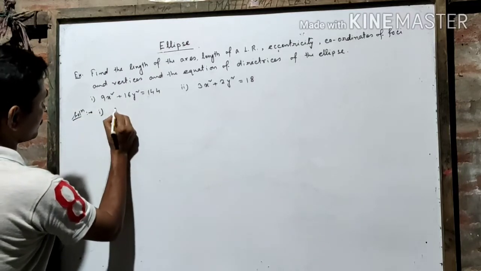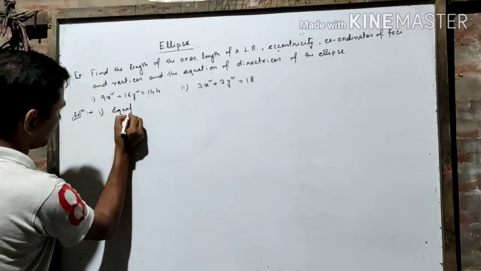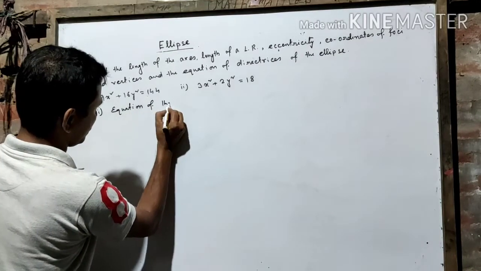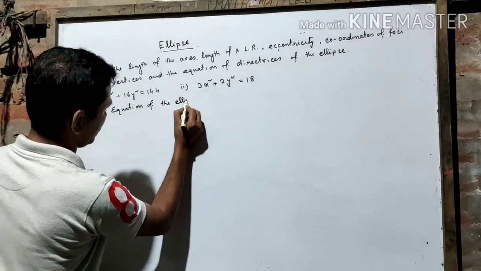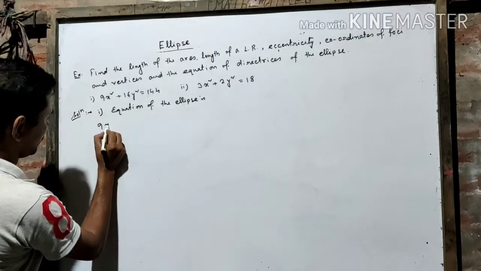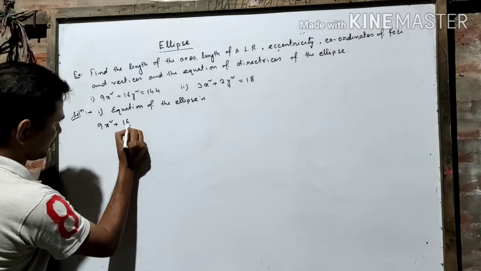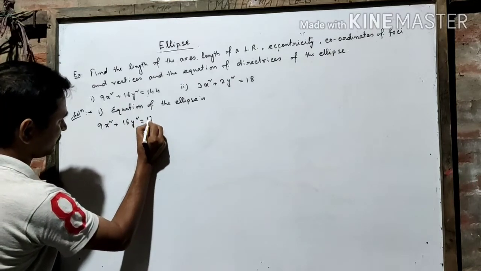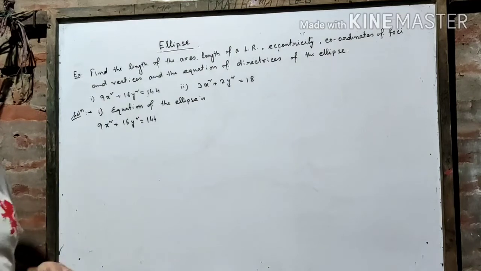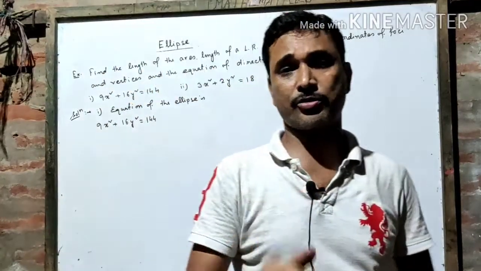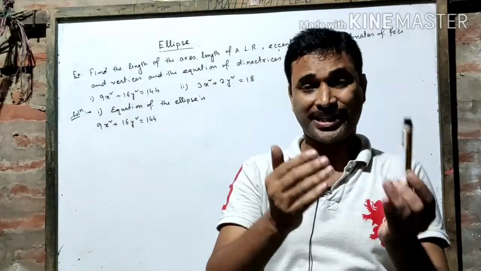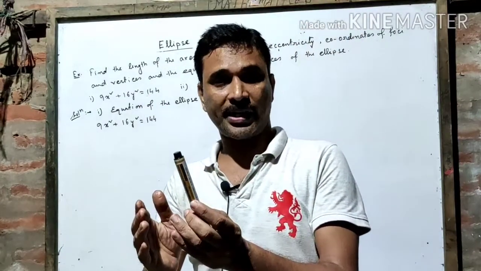So equation of the ellipse is 9x square plus 16y square is equal to 144. So what is the equation of ellipse? Either it is x square by a square plus y square by b square is equal to 1, or x square by b square plus y square by a square is equal to 1.